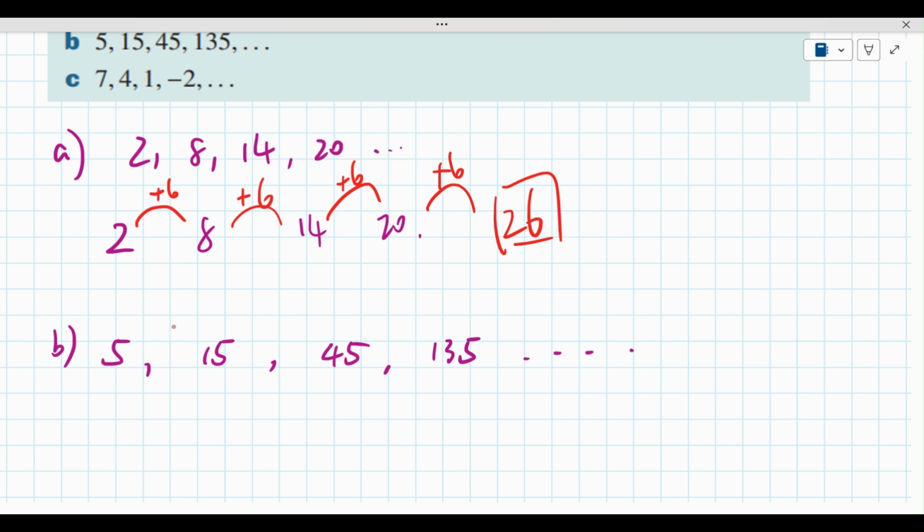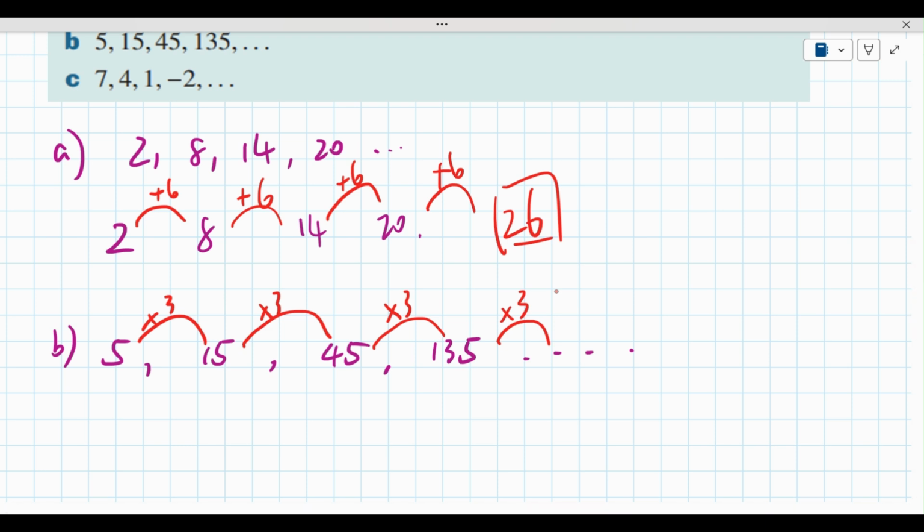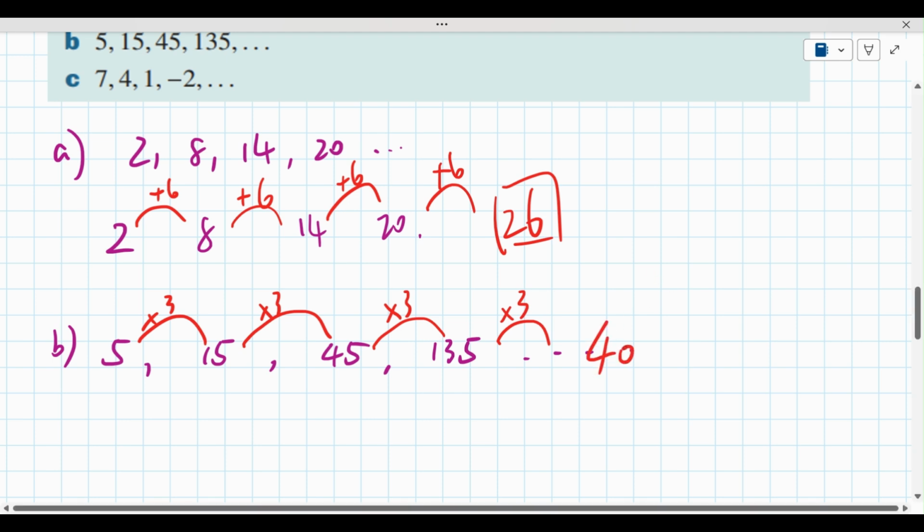Clearly we multiply by 3 for each new term. 5 multiplied by 3 is 15. 15 multiplied by 3, check your calculator, is 45. 45 multiplied by 3 equals 135. The next one will be multiplied by 3 again. 135 multiplied by 3 equals 405. This is your next number.